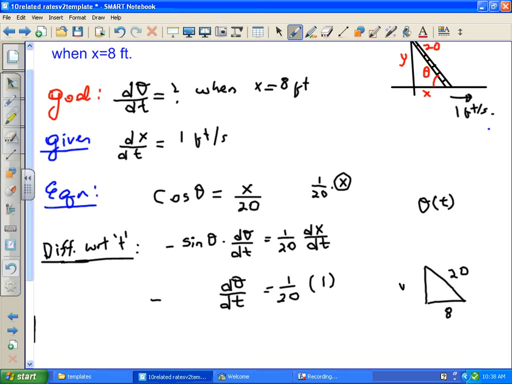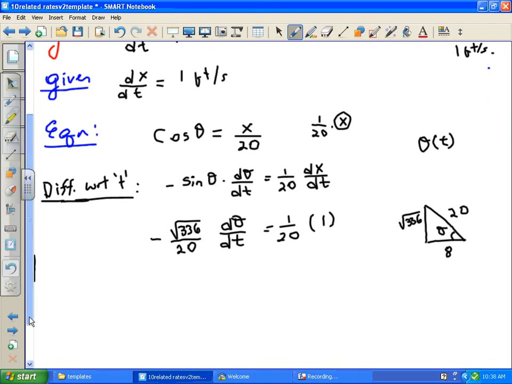So we already got that in the last step, root 336. So I need to know right now sine of this angle theta. So what should I have? Exactly, opposite over hypotenuse, which is root 336 divided by 20.